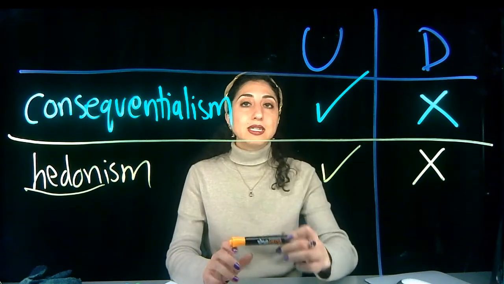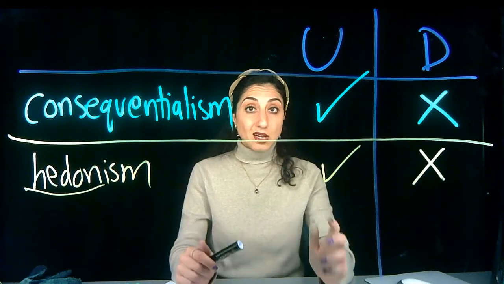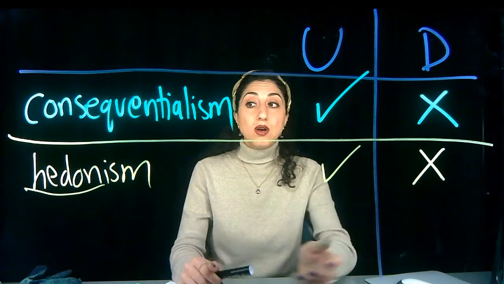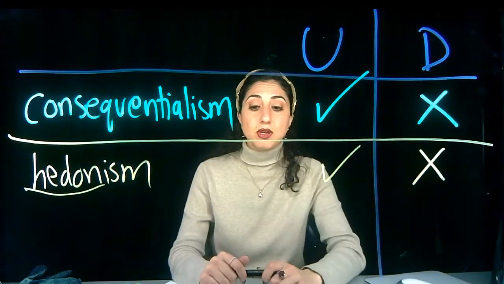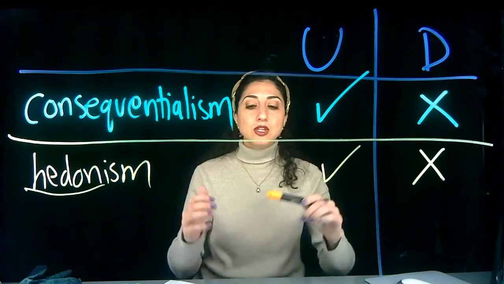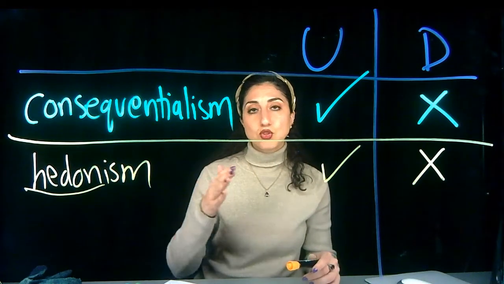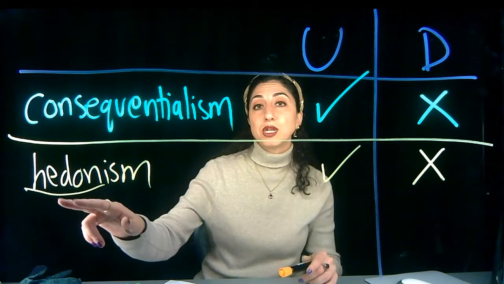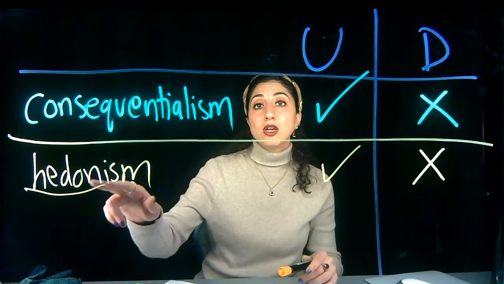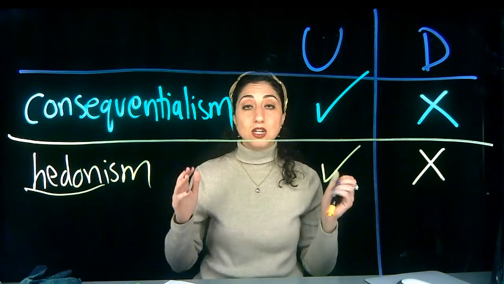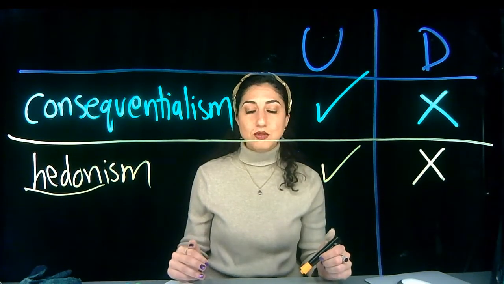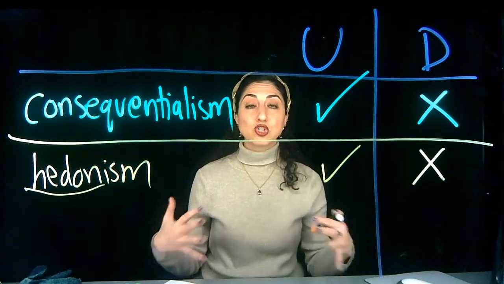And in utilitarianism, there is an underlying value of hedon, of pleasure and well-being and happiness. Utilitarianism says what is right and what is wrong depends on what produces pleasure and produces pain.